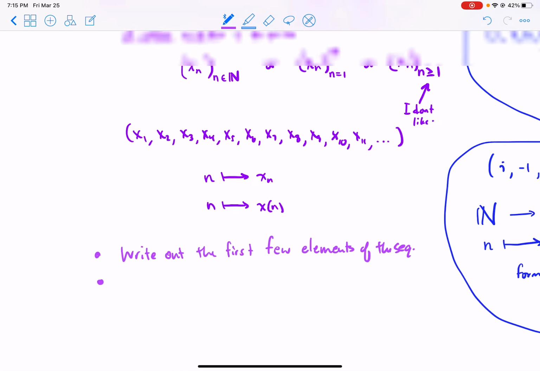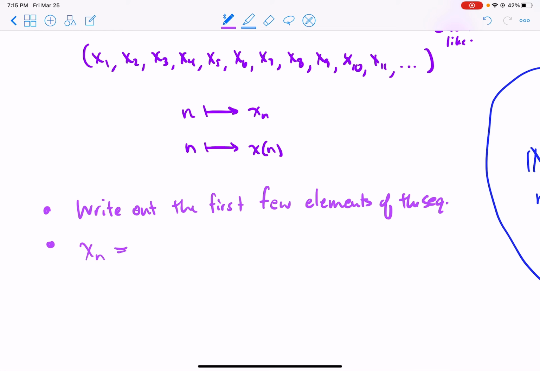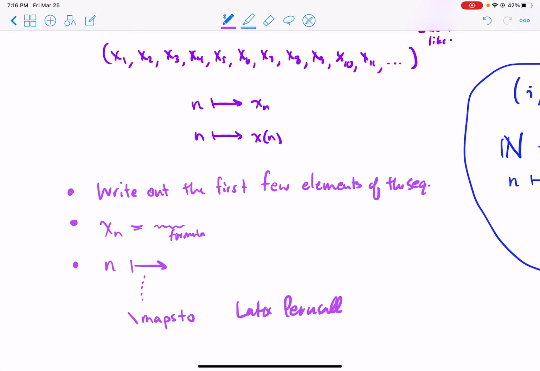What's another? Just write down a formula, like x sub n equals some stuff. Or another is to just write down a map. But by the way, this symbol here would be slash mapsto in LaTeX, or in Perusall when you're typing comments.